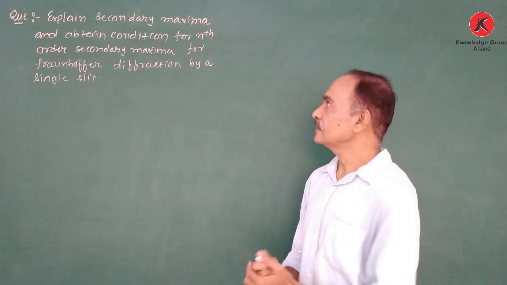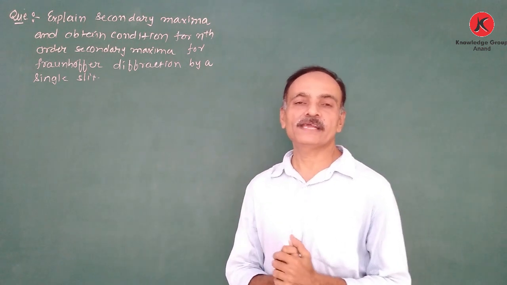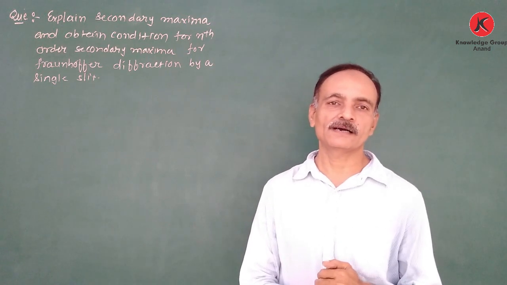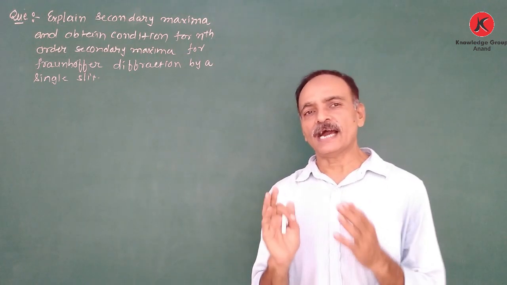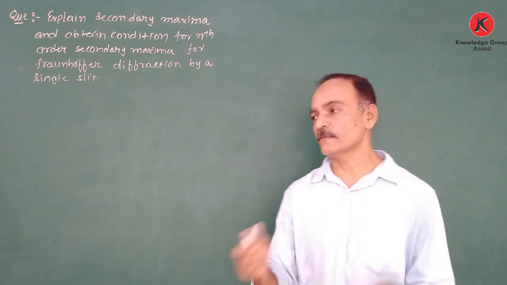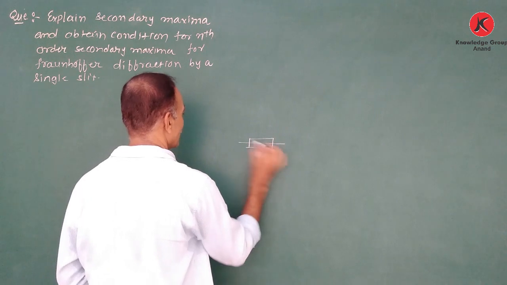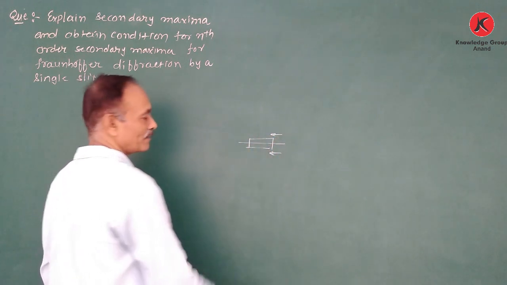Okay, now friends, we discussed the minima and also the condition for nth order minima. Already we discussed the central maxima and either side of the central maxima. There is the central maxima here. Either side of the central maxima, the first order minima are obtained.